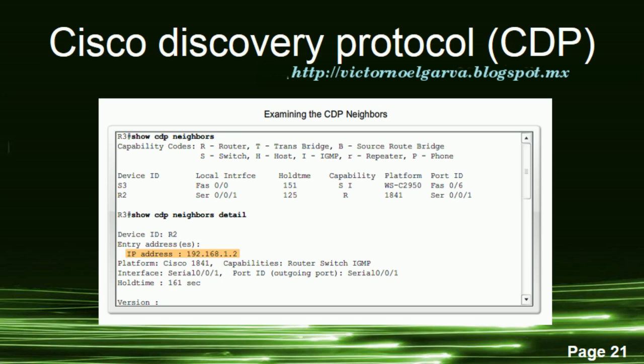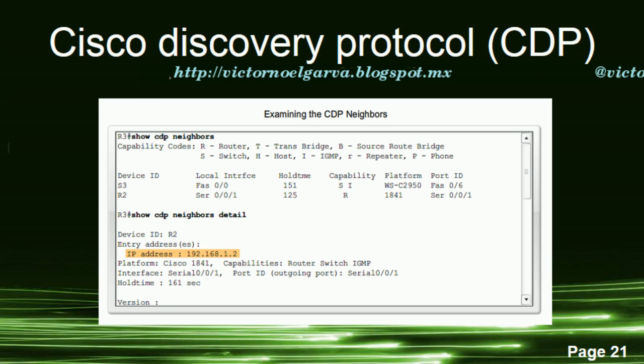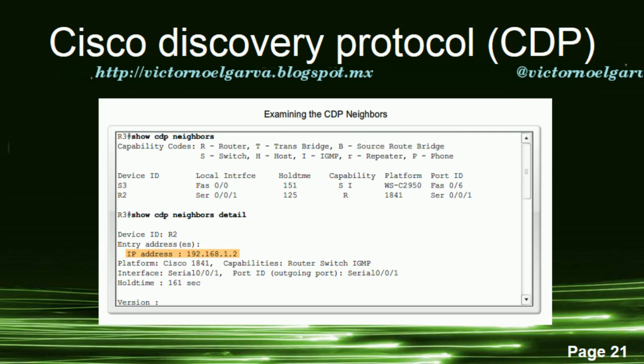R3. CDP runs at the data link layer connecting the physical media to the upper layer protocols, ULPs. Because CDP operates at the data link layer, two or more Cisco network devices, such as routers that support different network layer protocols, for example, IP and Novell IPX, can learn about each other.